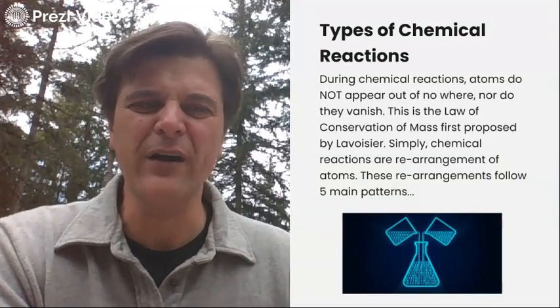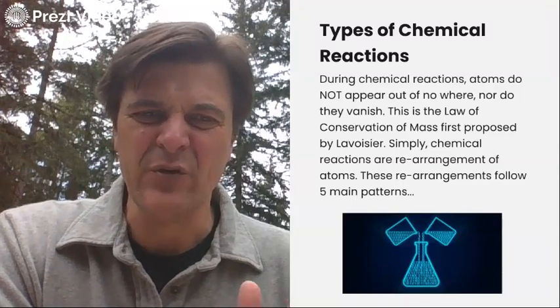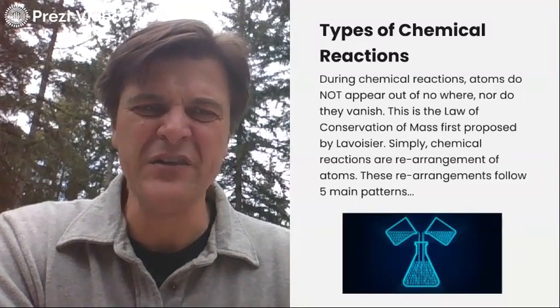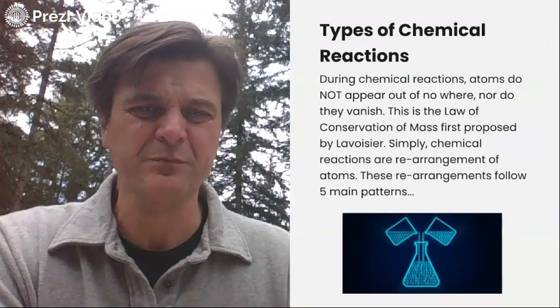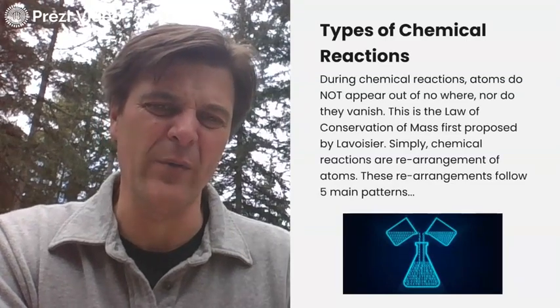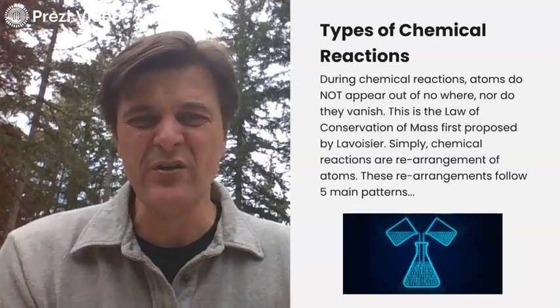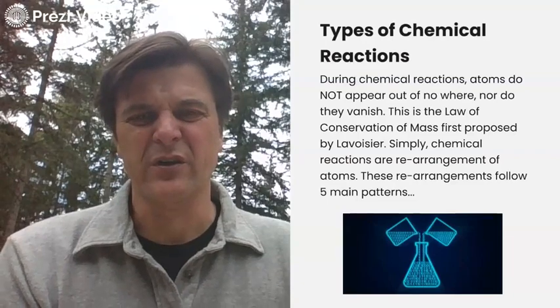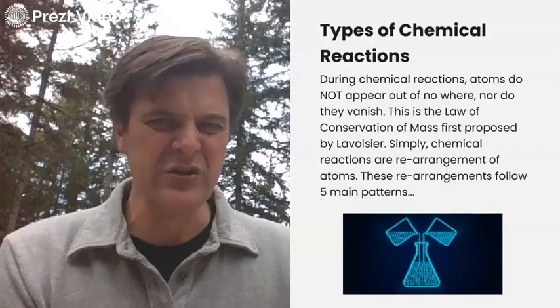Right? They don't come out of nowhere and they don't just vanish. This was the law of conservation of mass, and we studied this a little while back. So a chemical reaction is only a rearrangement of atoms. Whatever you have at the beginning, you're still going to have at the end.